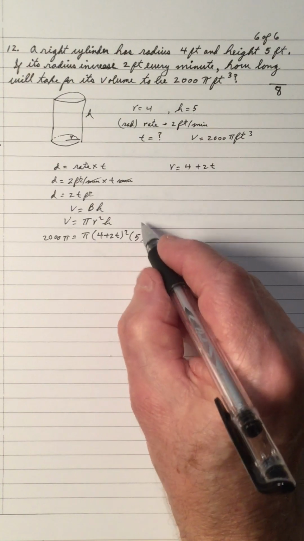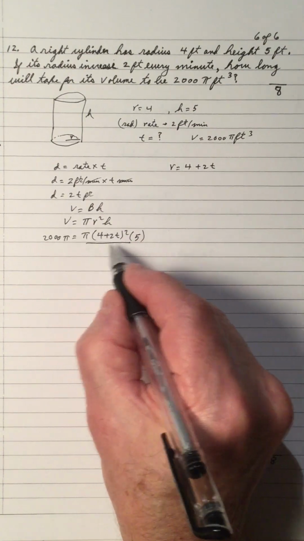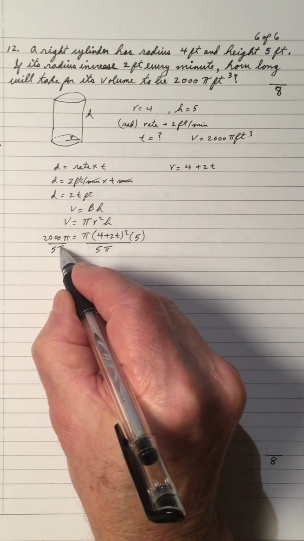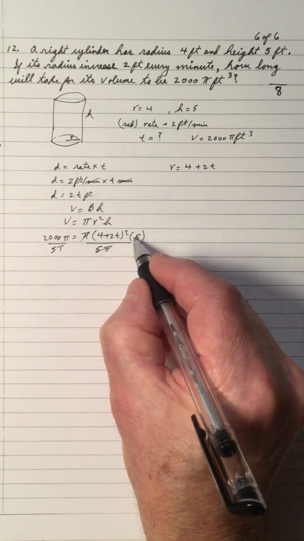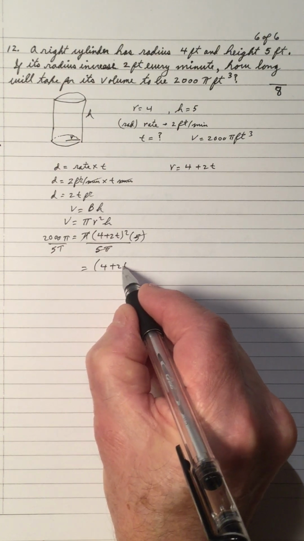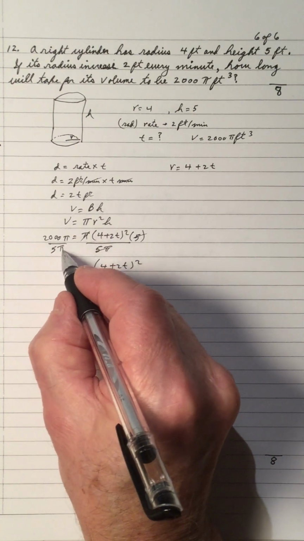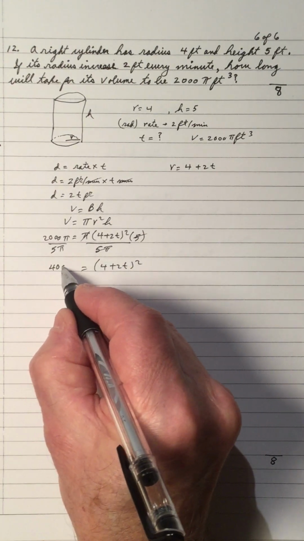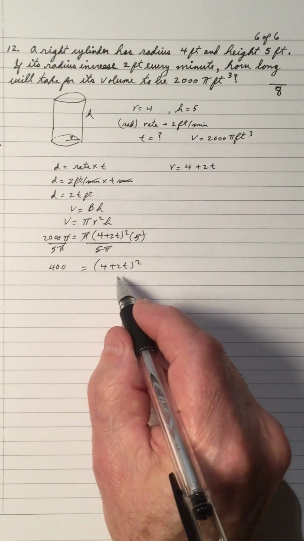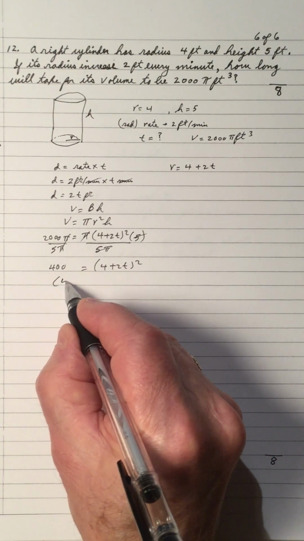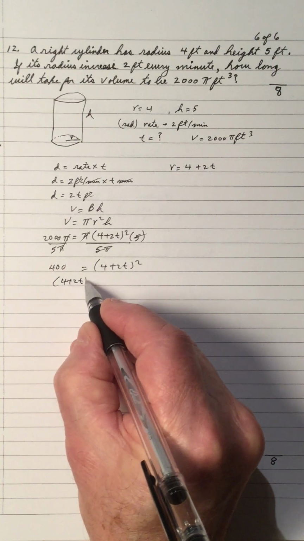So we can divide by 5 pi on each side. Pi cancels, 5 cancels. So that means 4 plus 2t squared, and 5 into 2,000 is 400.